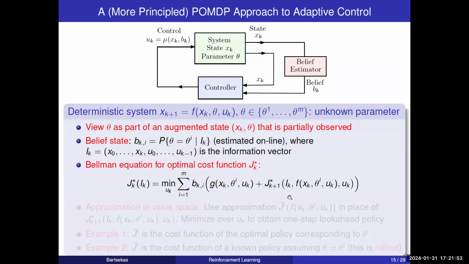And the second term is optimal cost to go from the next information state, which is i_k, x_{k+1}, and u_k. And it involves theta over here. So it's a random variable, and it's weighted again with the corresponding probabilities, b_k^i, the components of the belief state.